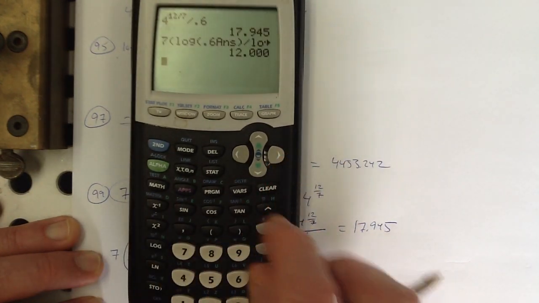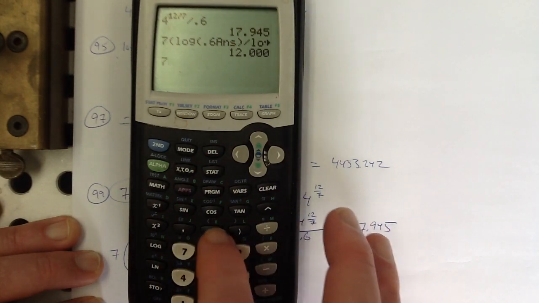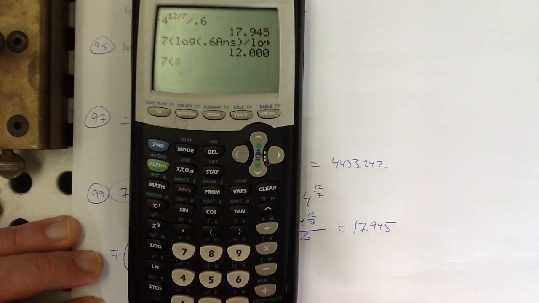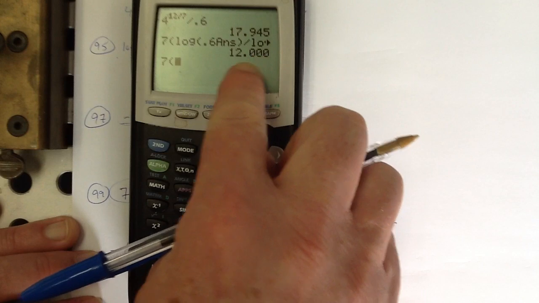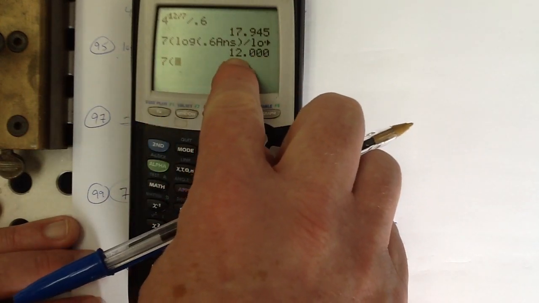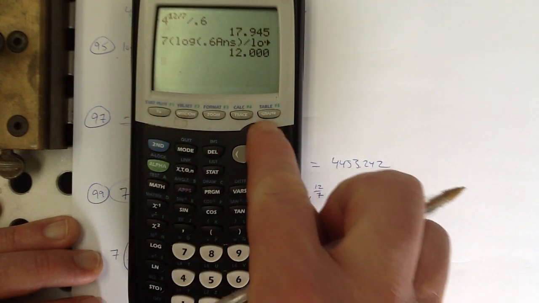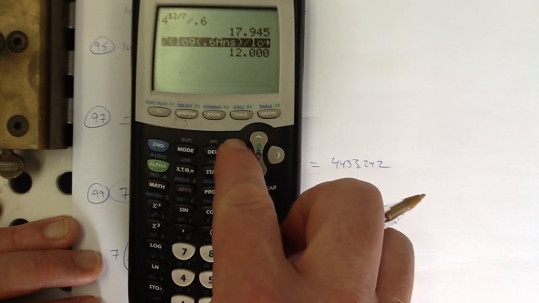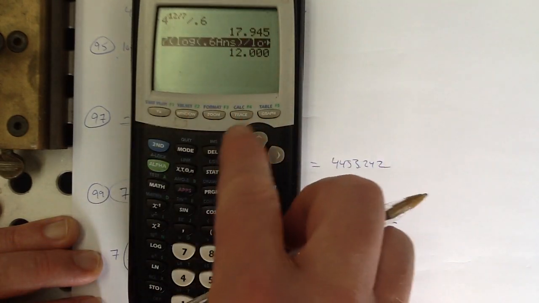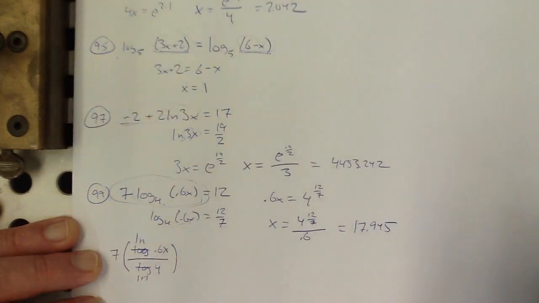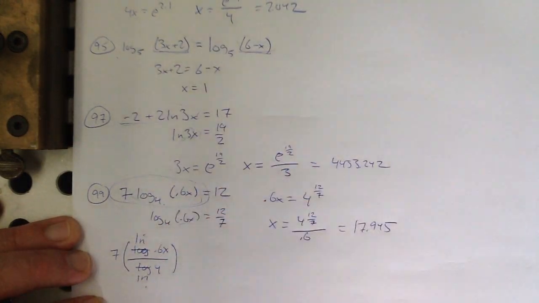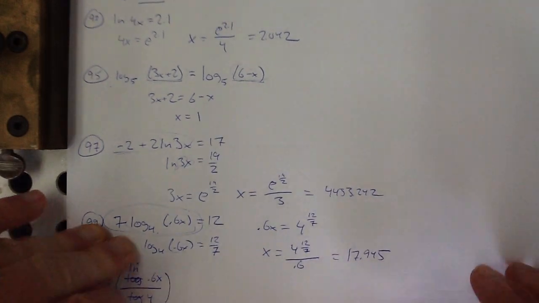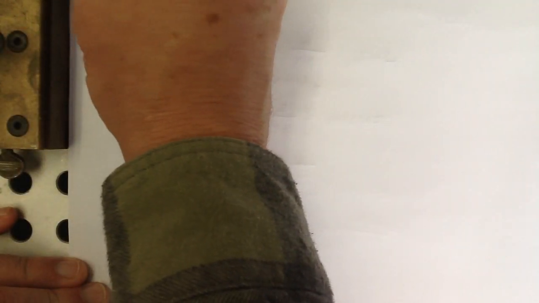Sure. Just do 7 times the... Oh, my answer thing isn't going to work though, because it's going to copy that, it's not going to let me. Yeah, take my word for it. If you had entered it like that, you'd get 12. You can try it if you want. But I'm done with that one. I'm moving on to 101.